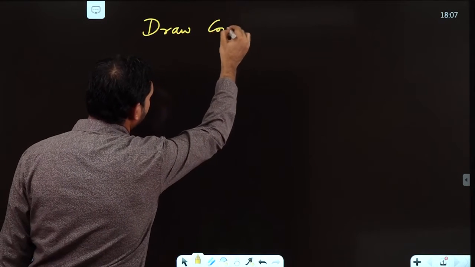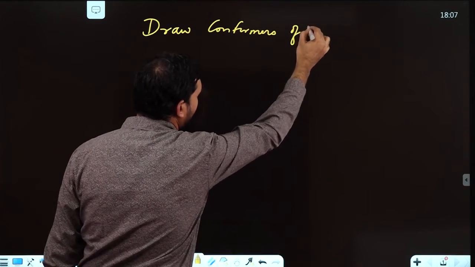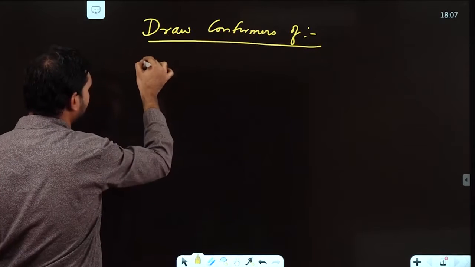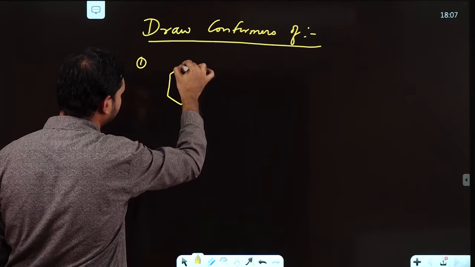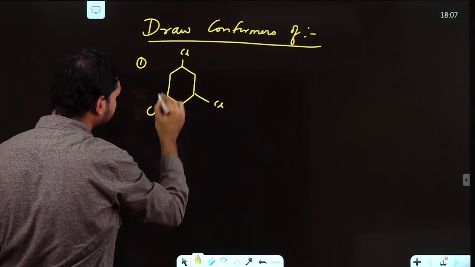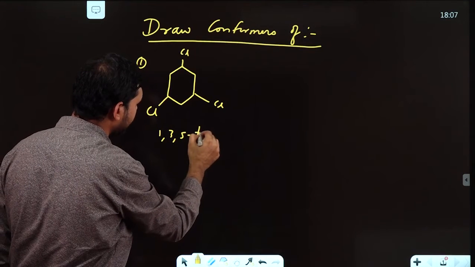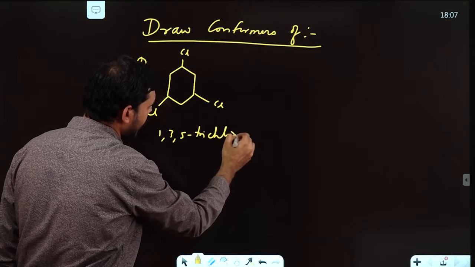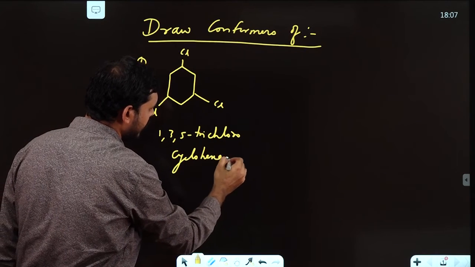Draw conformers of 1, 3, 5 trichlorocyclohexane.